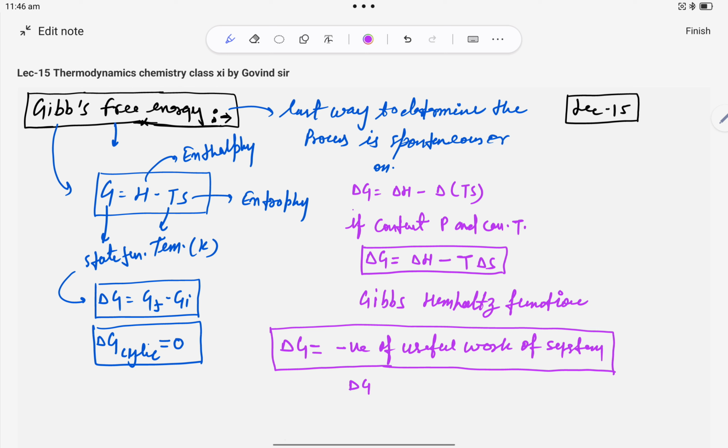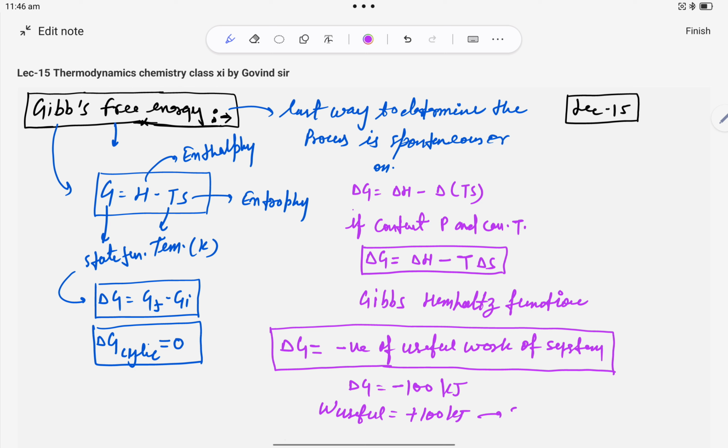Suppose delta G is minus 100 kilojoule. That means W useful is equal to plus 100 kilojoule.